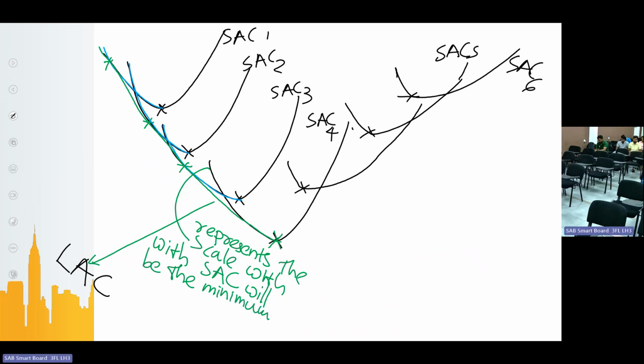Compared to each and every scale, this scale has the minimum short-run average cost curve.